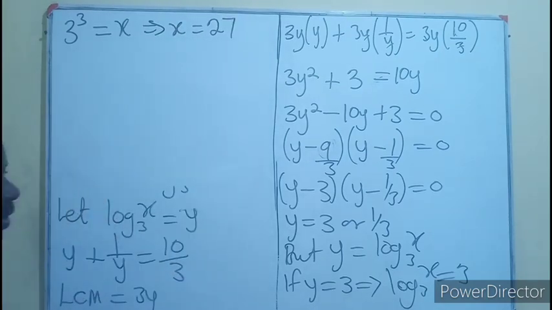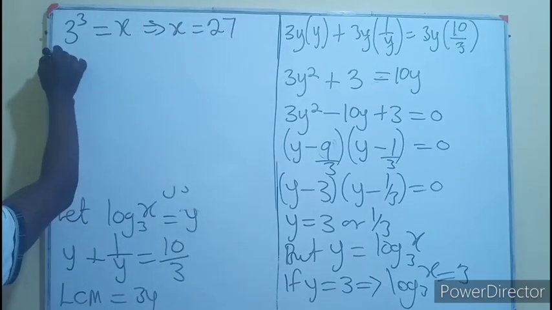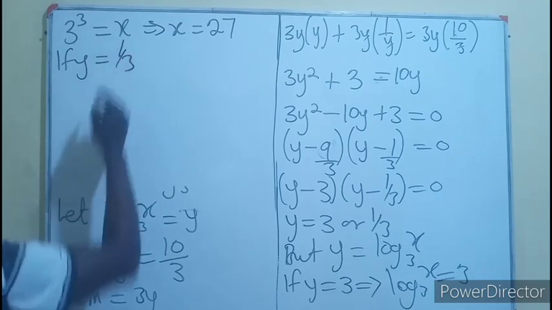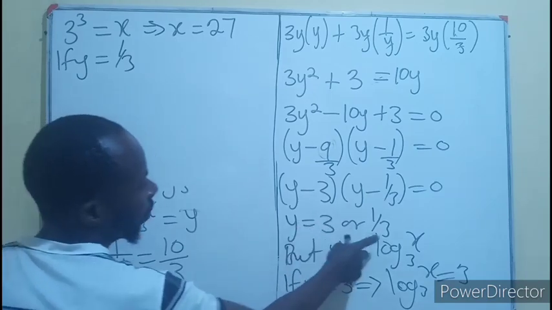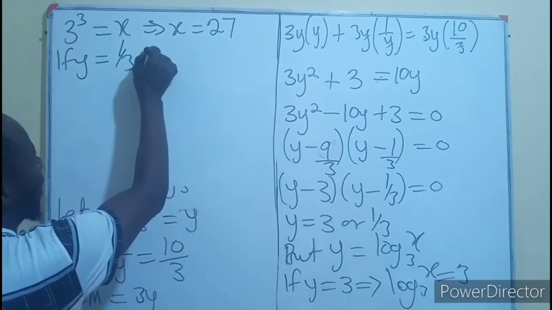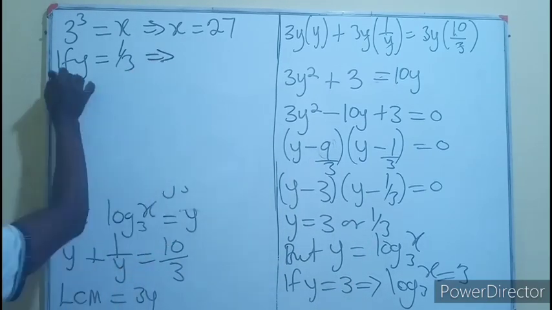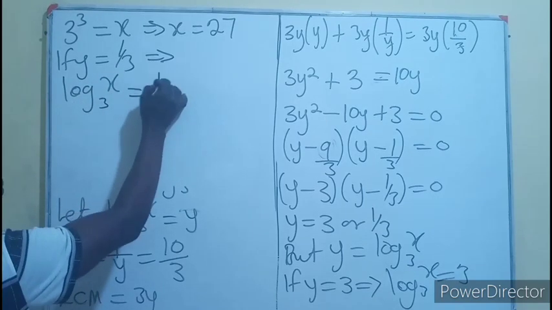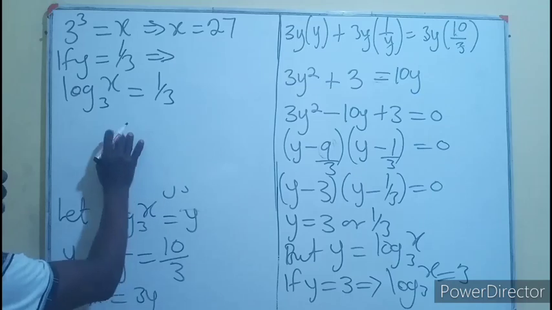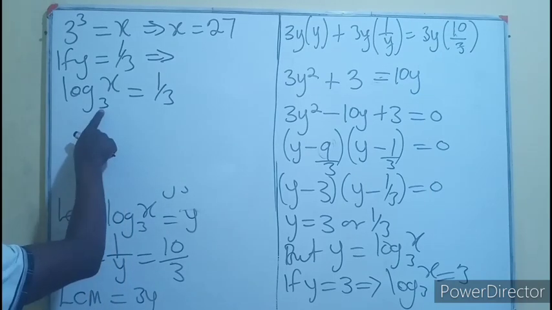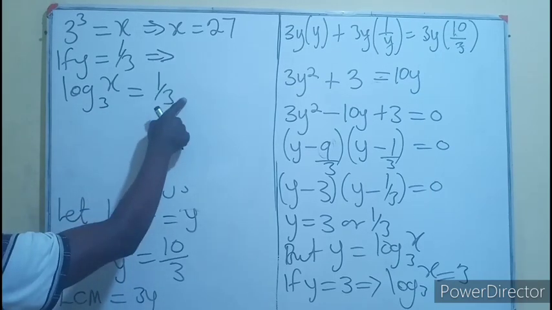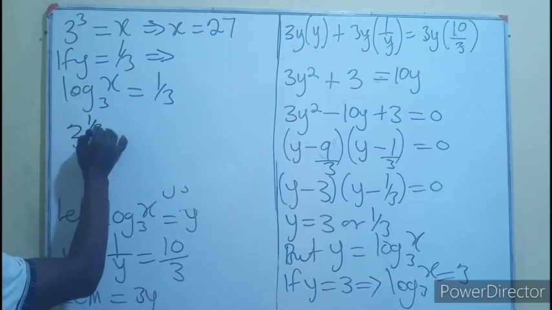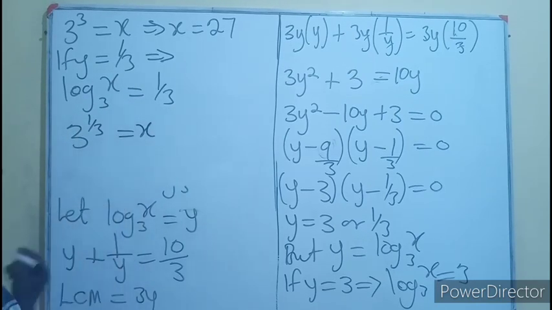Then in the second case, if y equals 1 over 3, as we have here, it implies that log x base 3 equals 1 over 3. With the connection of indices, 3 with exponent 1 over 3 equals the argument x.